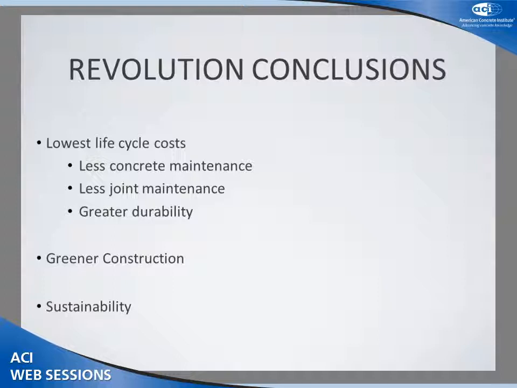By combining these savings resulting from greater sustainability and the benefits of greener construction, a Type G component structure is the gold standard of concrete construction.